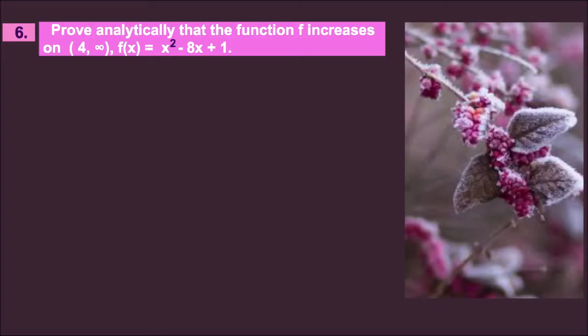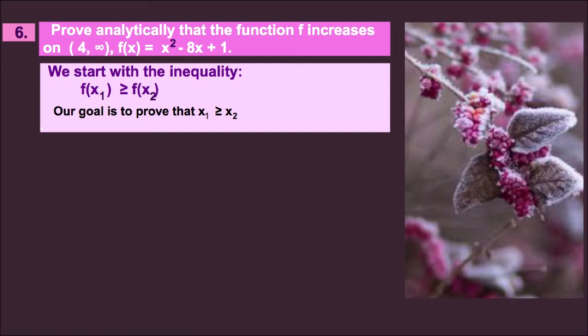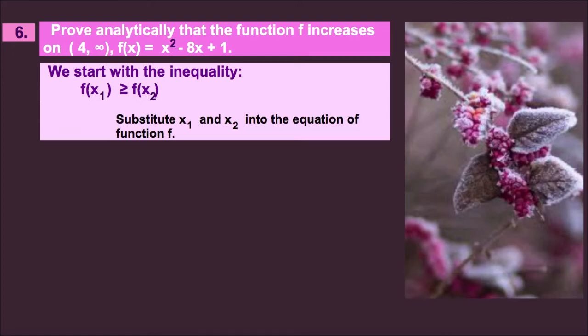Prove analytically that the function f increases on the open interval (4, ∞), f(x) = x² - 8x + 1. We start with the inequality f(x1) ≥ f(x2). Our goal is to prove that x1 ≥ x2. Substitute x1 and x2 into the equation of function f.